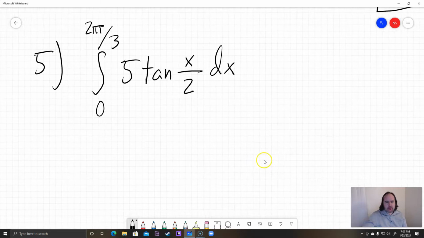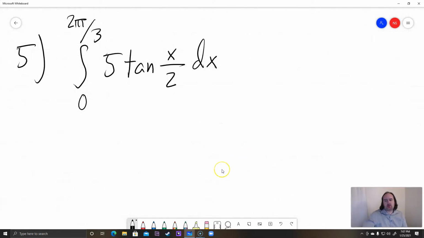Now for these, you can use the formula and you can use u substitution, but probably the easier way is to use a new formula. I'm going to teach you the new formula. I'm not going to prove it, but basically if you write this as sine over cosine, and then let cosine be u, and you do u substitution, you're going to wind up with this formula. So, new formula.